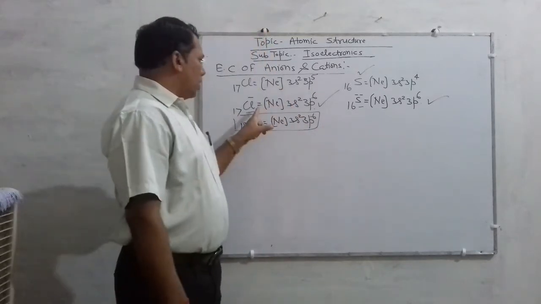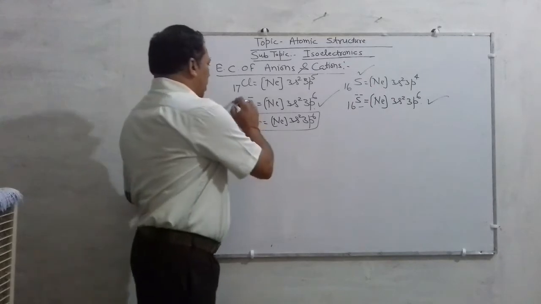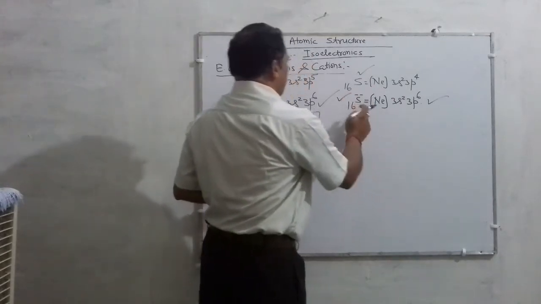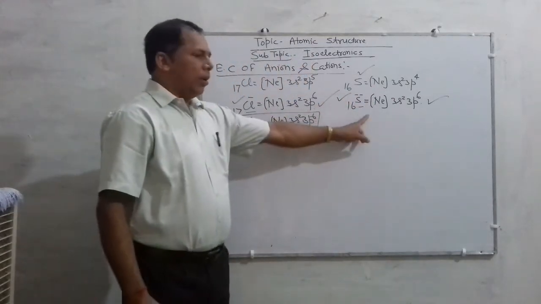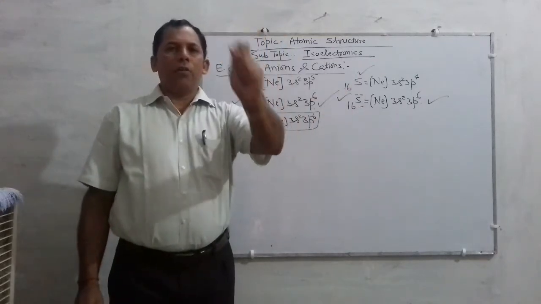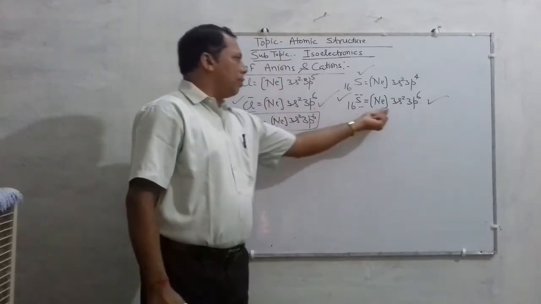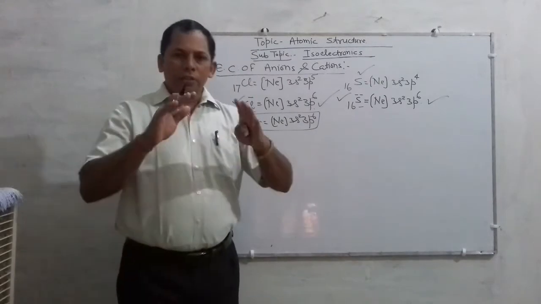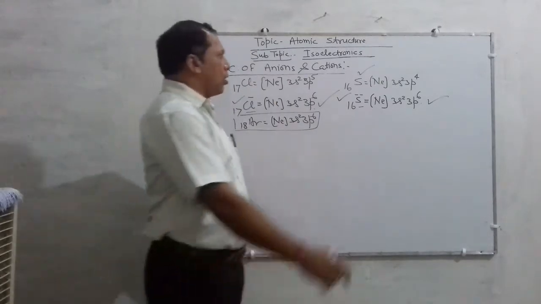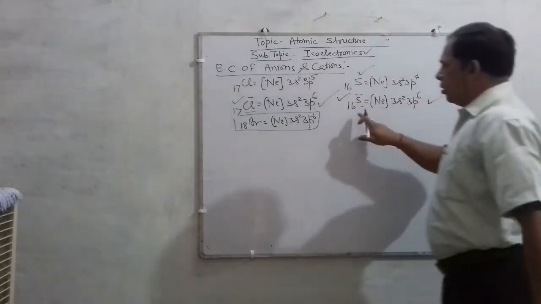The electronic configuration of this Cl minus and S minus 2 becomes similar. It means the number of electrons and electronic configuration are both equal. Then such species are termed isoelectronic.